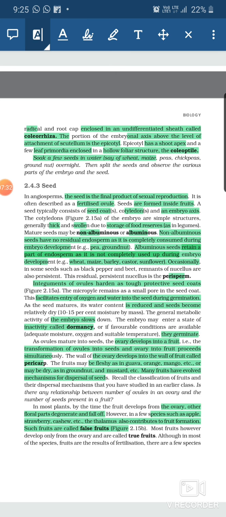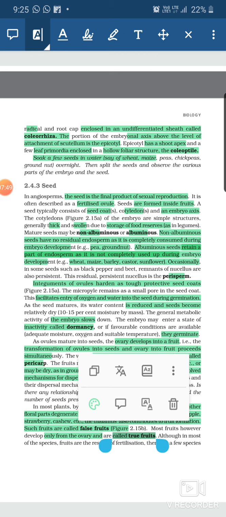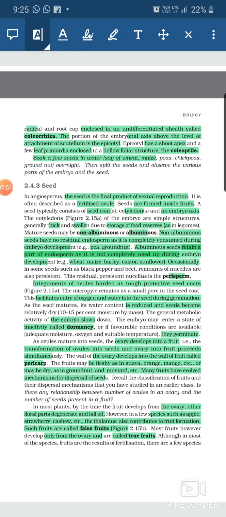The fruit in which the thalamus is also a part of the fruit is known as a false fruit, like apple, strawberry, cashew. Most of the fruits, however, develop only from the ovary and we call them true fruits. So we have two categories of fruits, false fruit and true fruit.